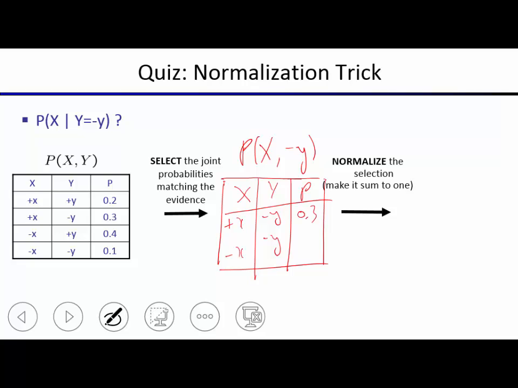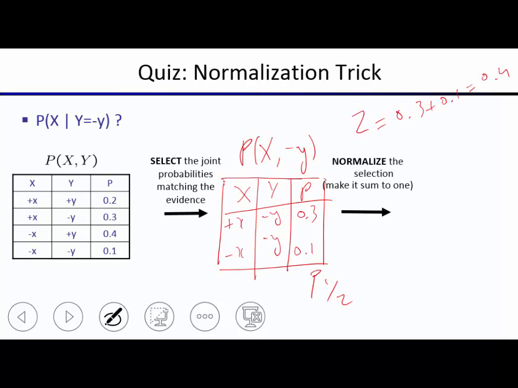We have 0.3 and 0.1. We normalize, which means we compute this normalization constant z, which is 0.3 plus 0.1, which is 0.4. Then we divide everything in this column here by z.